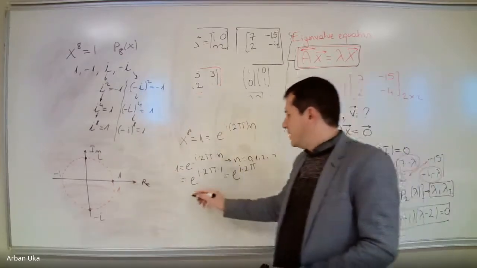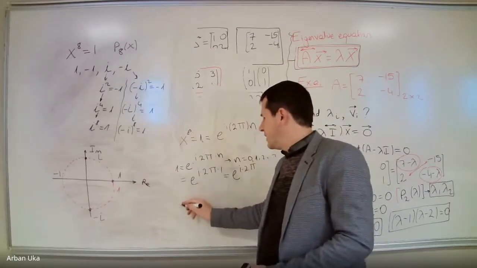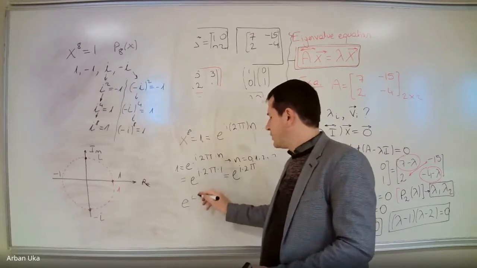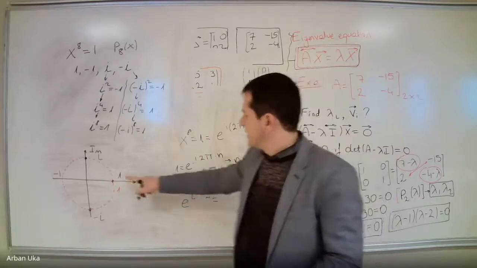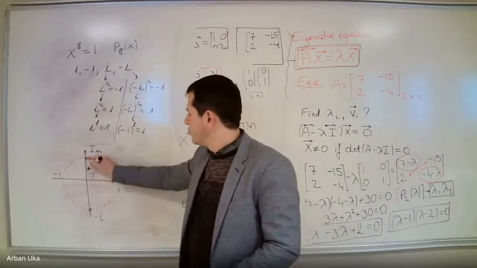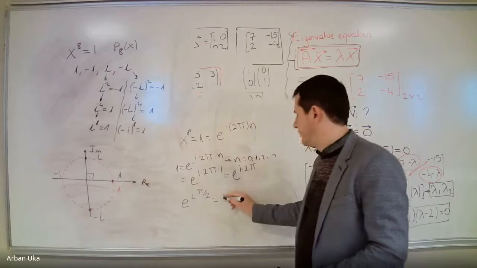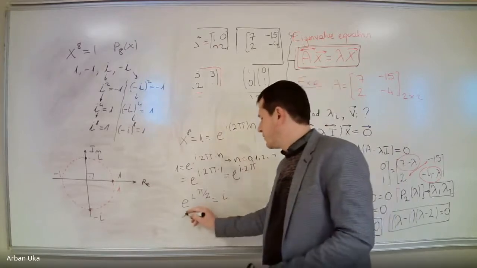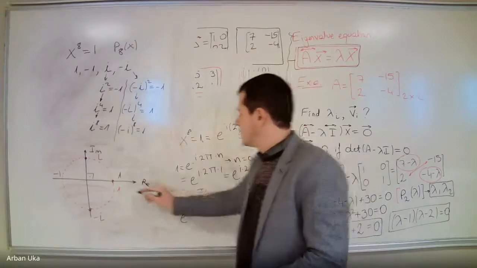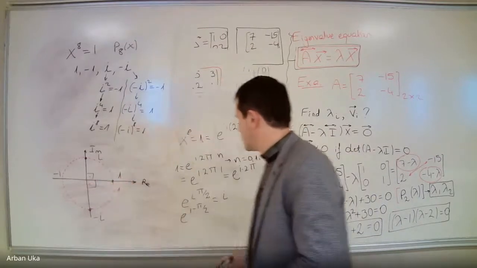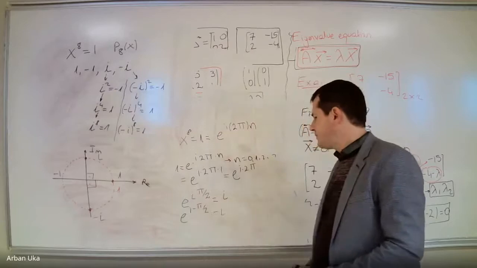But if we rotate the axis by an angle of pi over 2, we have e to the power I times pi over 2. If we rotate by an angle of pi over 2, we end up at I, okay? So this is I. If we rotate by an angle of -pi over 2, we come down to this other angle. So this is equal to -I, okay?